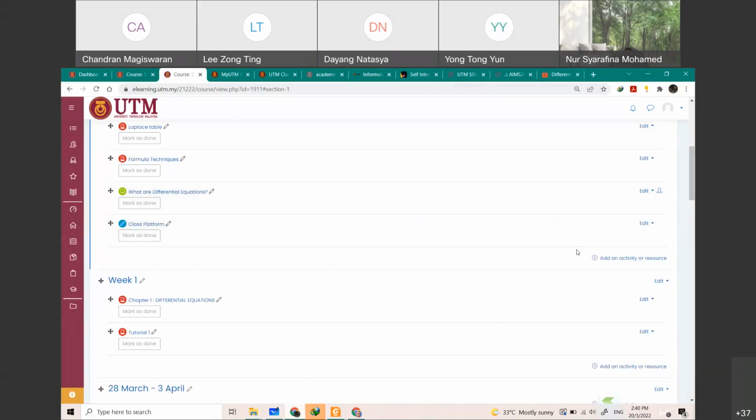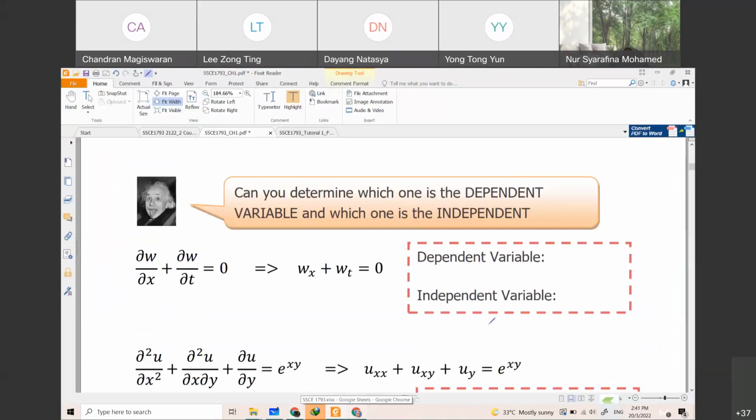Who's the lucky one? Okay, now there's an answer. Dependent X and T? Are you sure? No, try again. What is the dependent variable? Dependent is W, right?